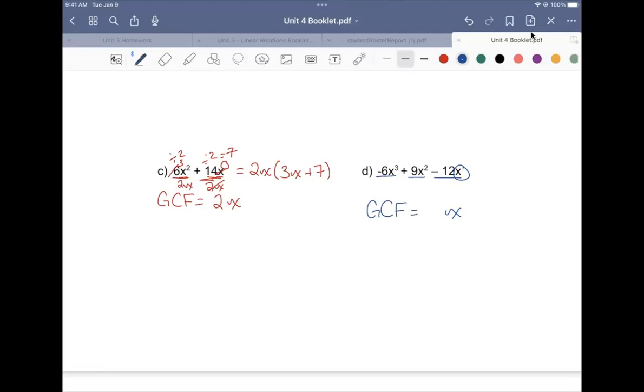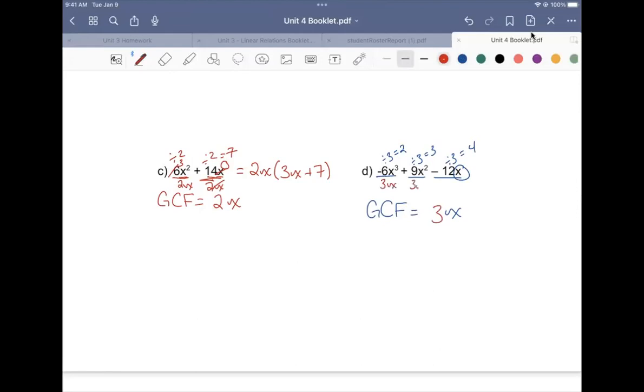A number divisible by all three of them would be 3. Negative 6 divided by 3 is going to give me negative 2, 9 divided by 3 is going to give me 3, and 12 divided by 3 is going to give me 4. No other number is divisible by 2, 3, and 4, so I know that I'm already at my lowest variable, so that means my greatest common factor is 3x.